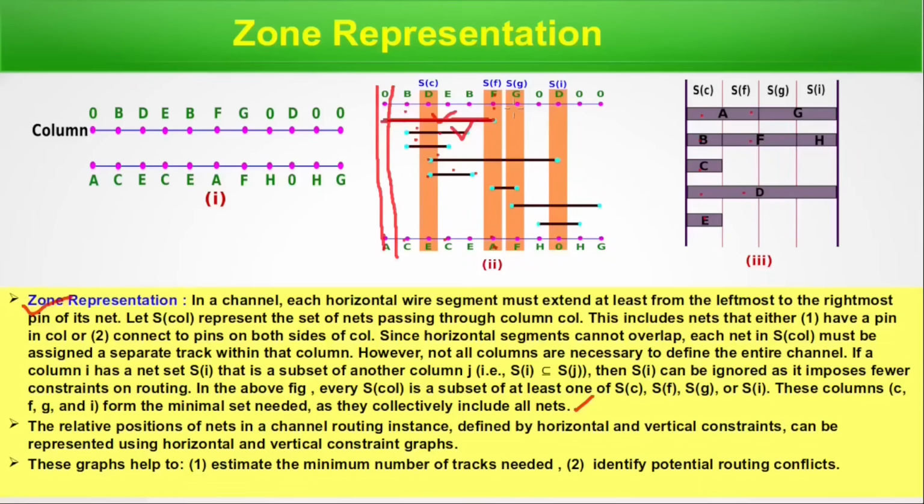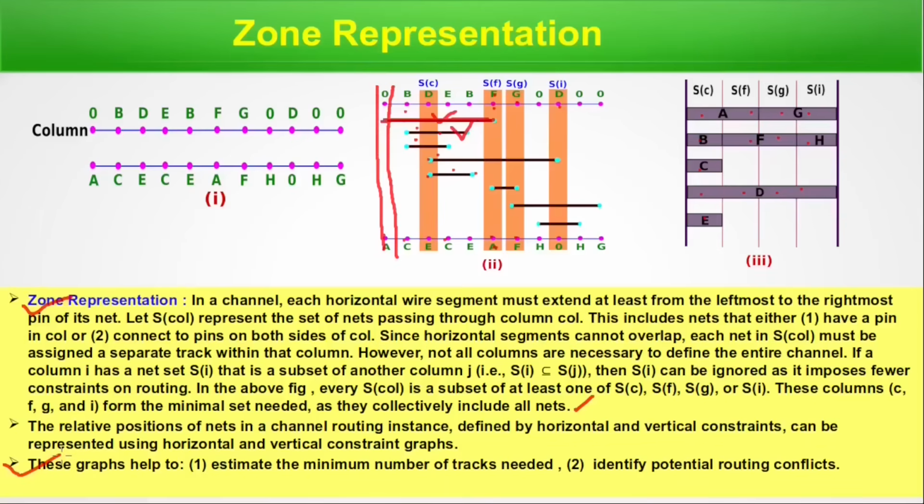Now SG: on G, G and F, and D. And on I, D and H. So G is here, H is here, and D is here. G and G are connected. So this way zone representation is done.